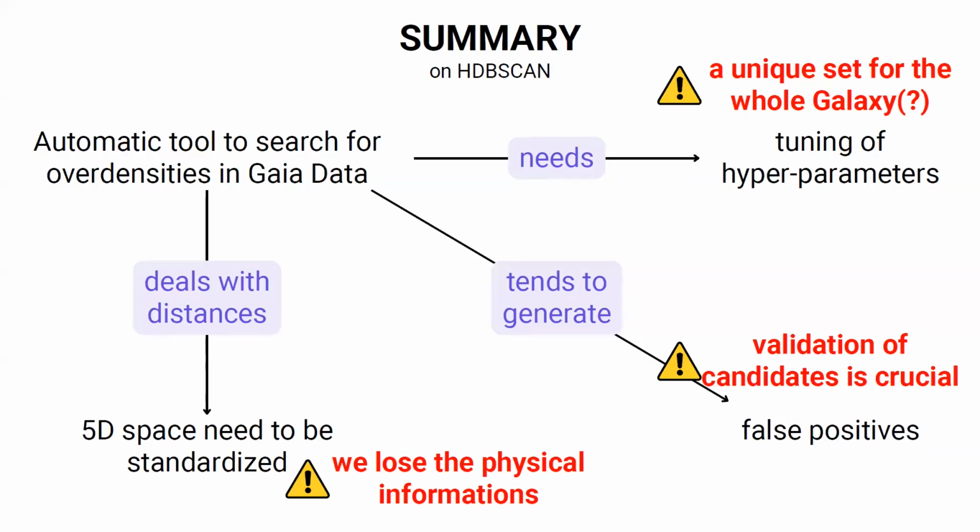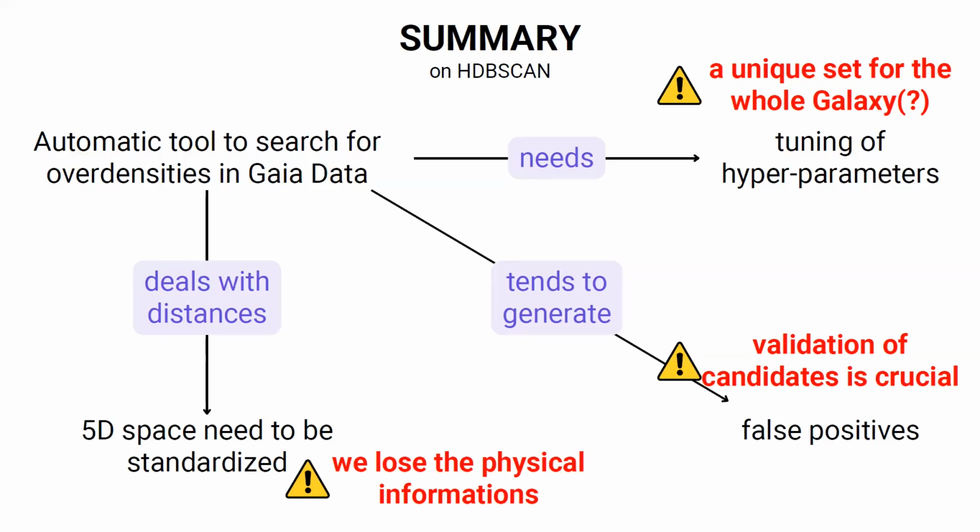Because one of the features that is not good about HDBSCAN is that it generates false positives. So you need a validation of the candidates that are output by the algorithm. It's crucial to have a validation.